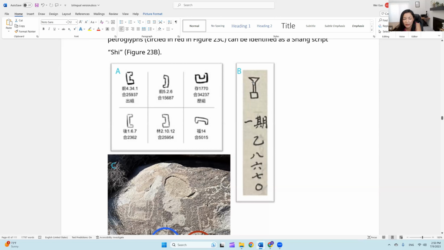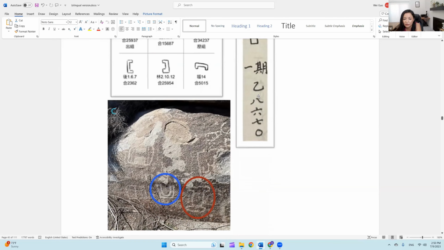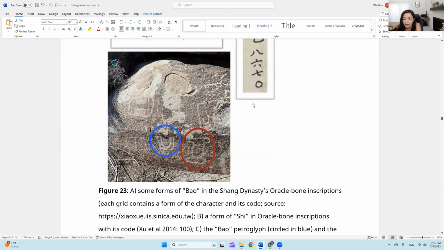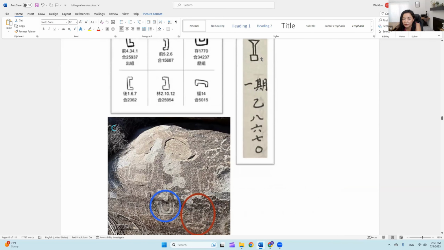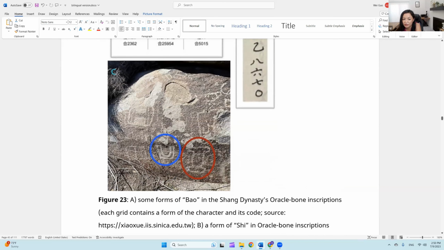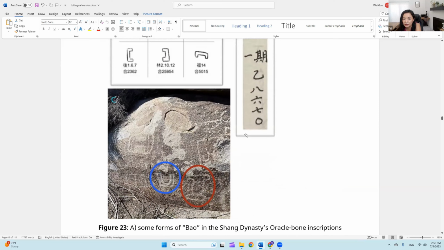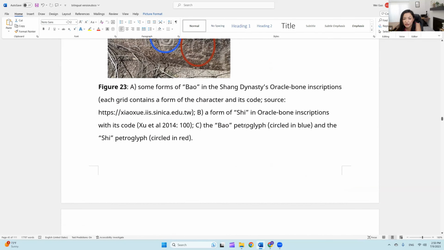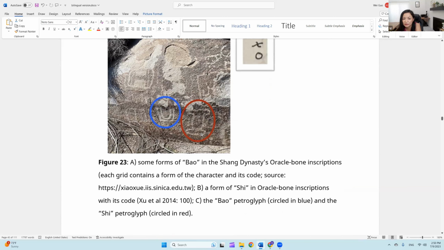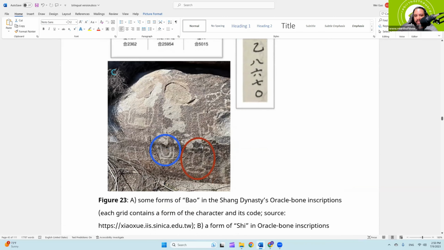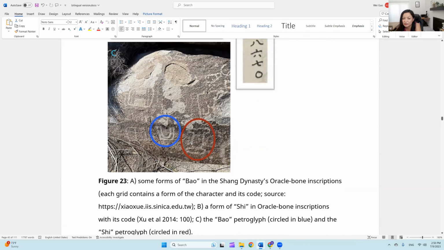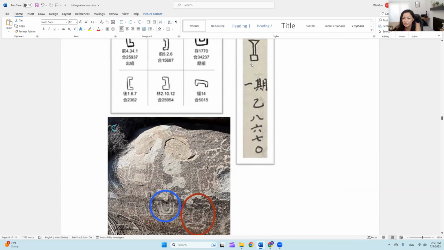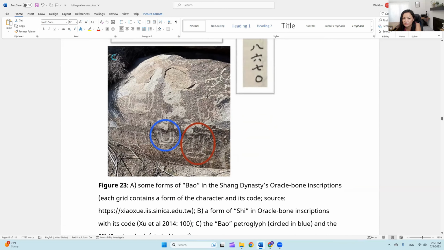It's written like this. So you see this one. You see here at the bottom they have a rectangle shape, right? Then on the bottom they have this shape, like this. Oh yes. Right? Like this. Then the bottom is a rectangle.